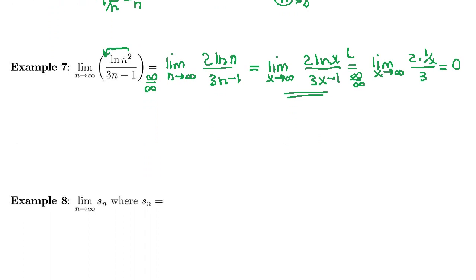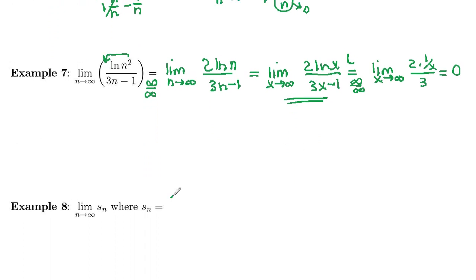Okay, and then we had already looked at the limit of s sub n, where s sub n was that piecewise function. It was 1 over n if n was odd, and it was n if n was even.